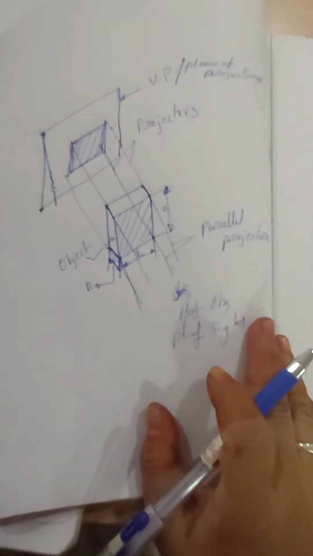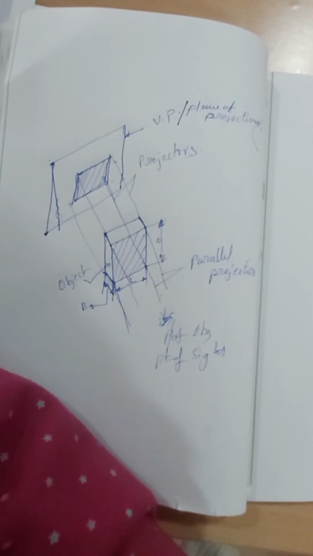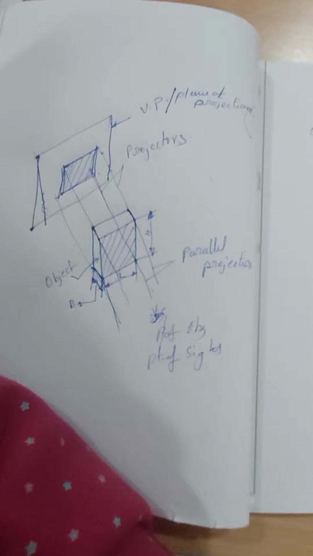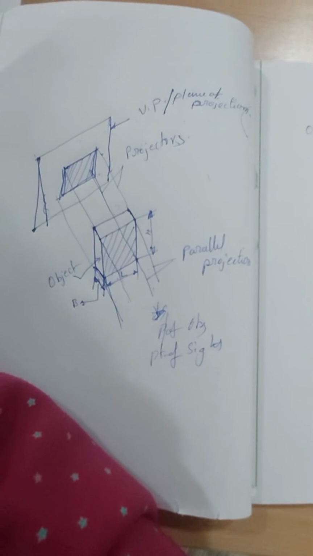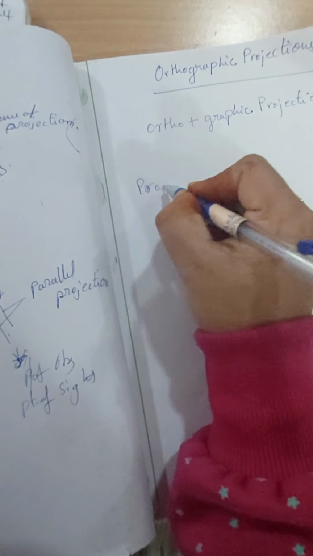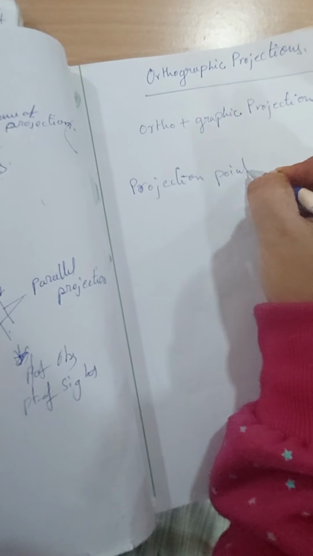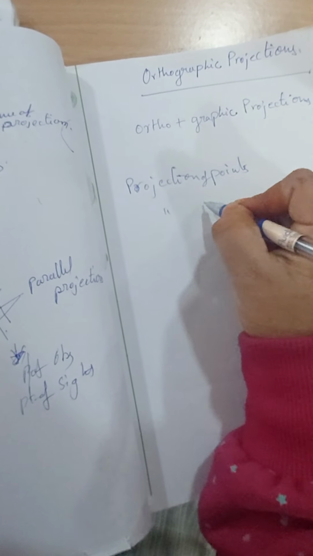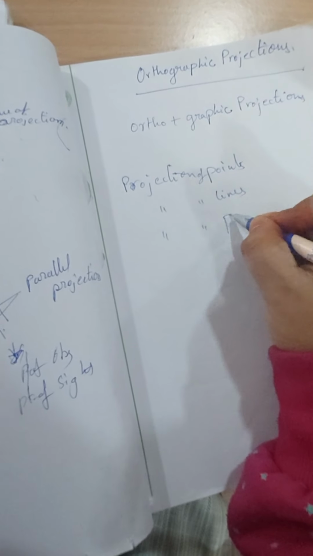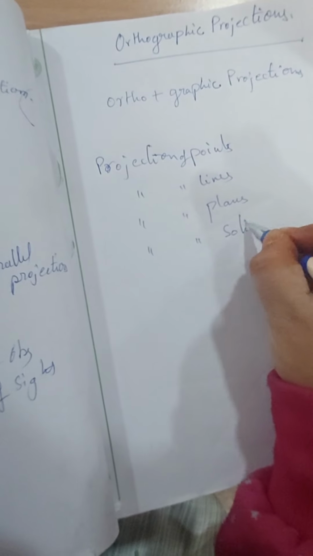Okay, so according to our syllabus we have projections of points, projections of lines, projections of planes, and projections of solids.